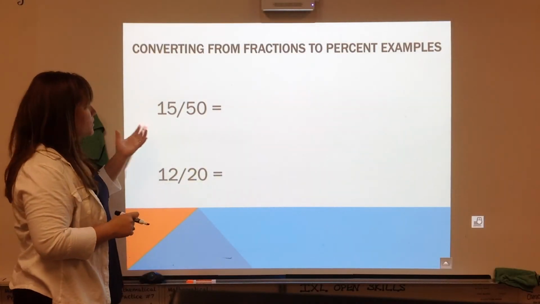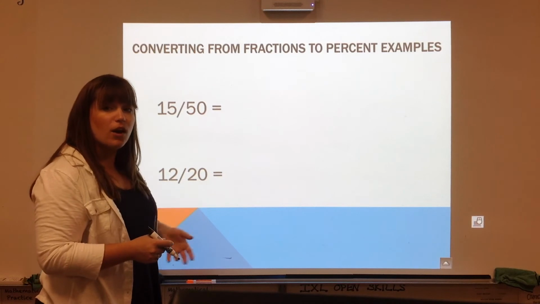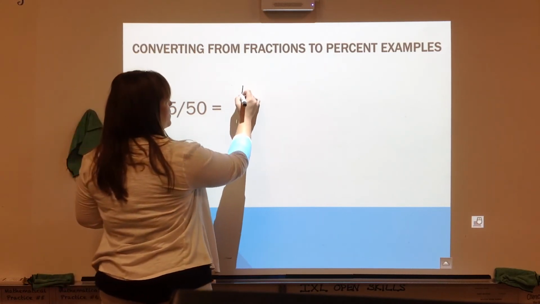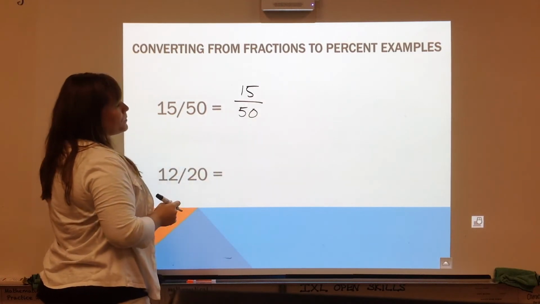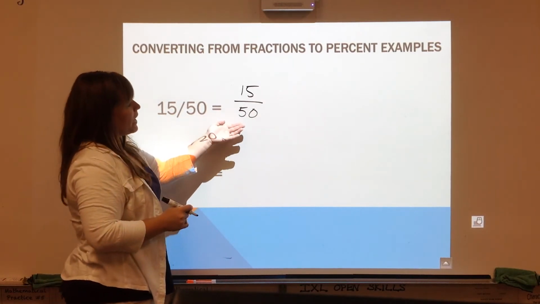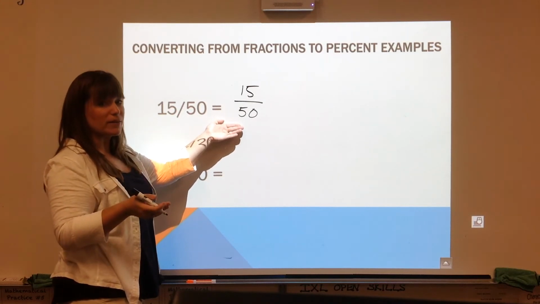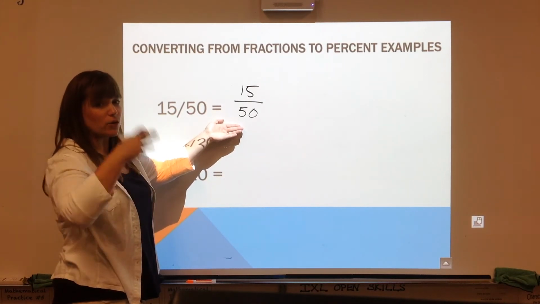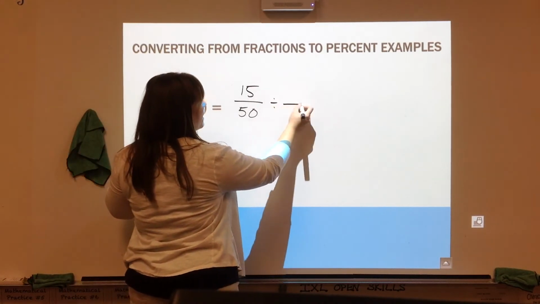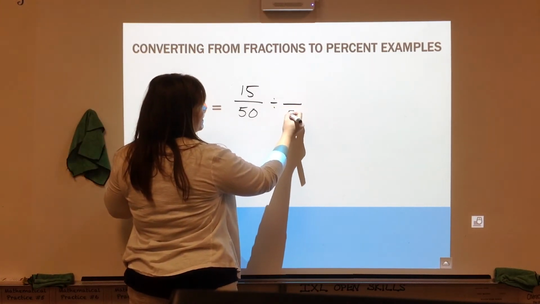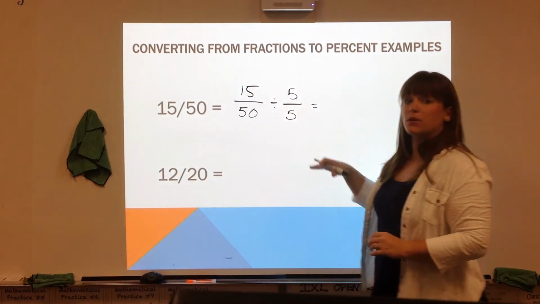So we want to get this fraction into something that works well with 10, 100, or 1,000. So I'm going to rewrite this so that the denominator is actually on the bottom. I could divide by 5, or I could multiply by 2. I could go down to 10 or up to 100. It does not matter. I'm going to divide by 5 because then I'm working with a simpler fraction.